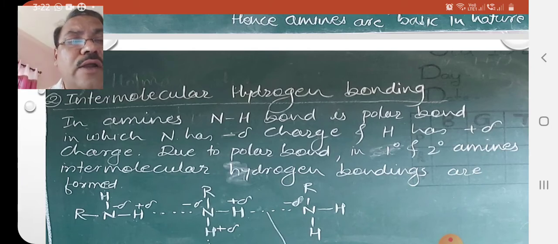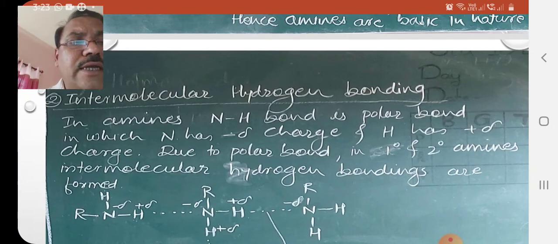Nitrogen is more electronegative, therefore it attracts electrons of hydrogen towards itself. Therefore, nitrogen carries partial negative charge denoted by minus delta charge, and hydrogen carries partial positive charge denoted by plus delta charge.